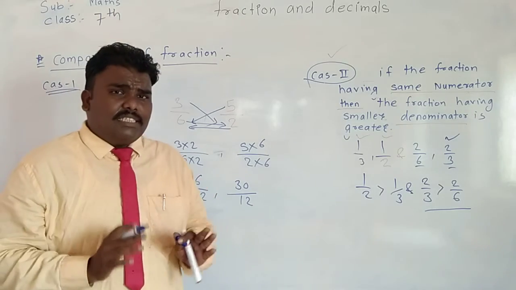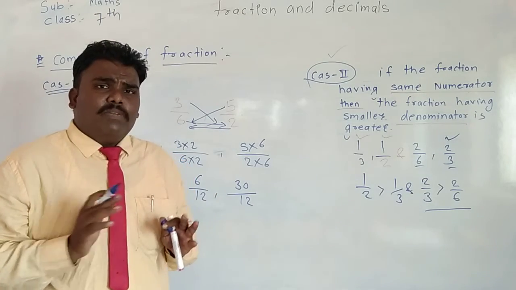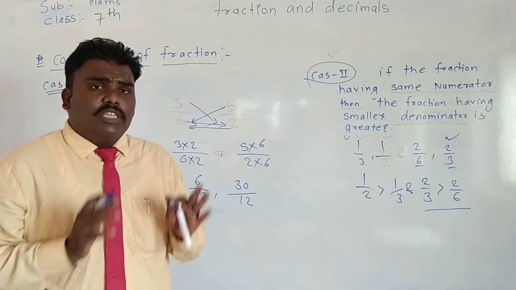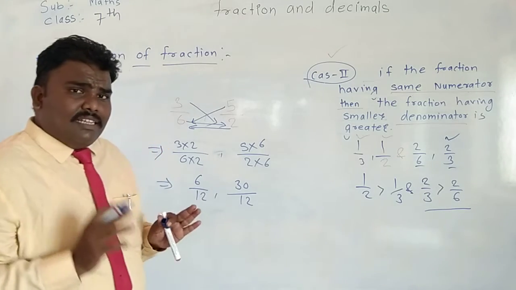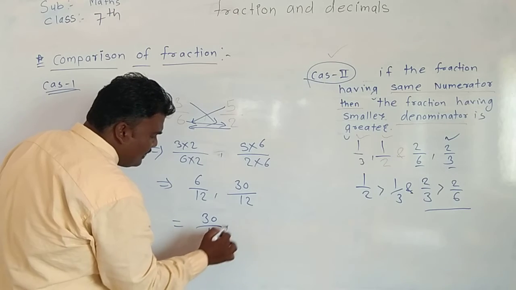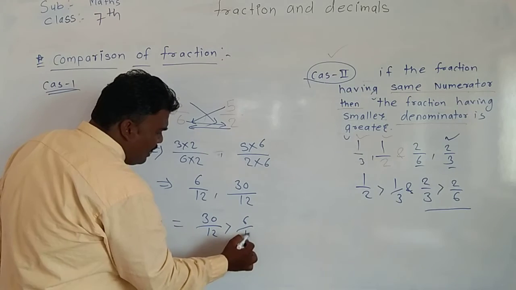In such cases, the denominator is the same, which means it is a like fraction, and in like fractions the fraction with the greater numerator is greater. So 30 by 12 is greater than 6 by 12.